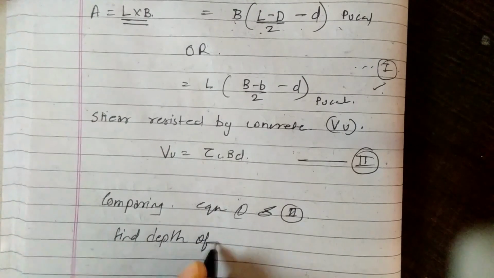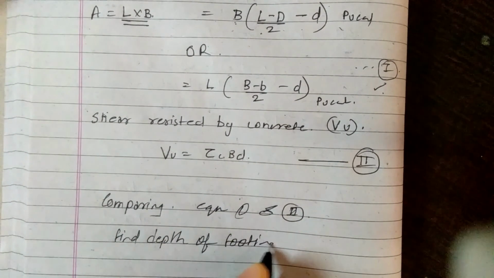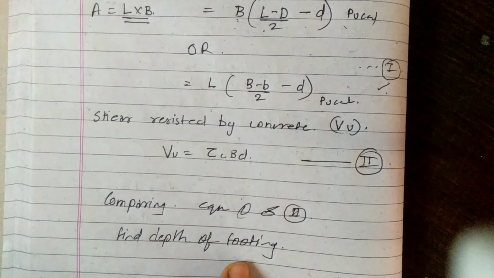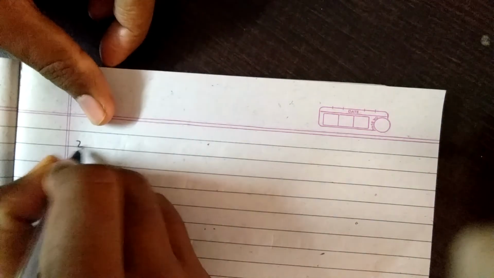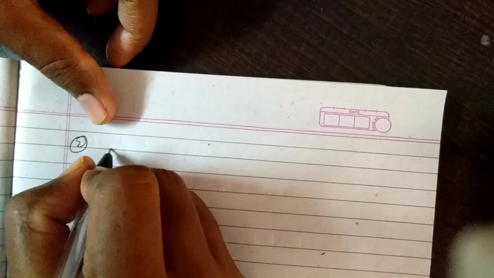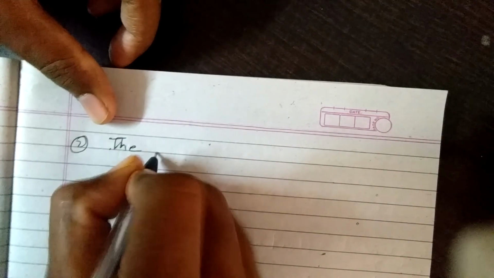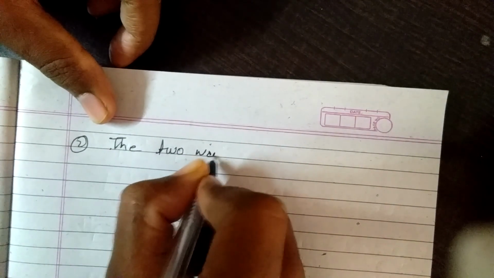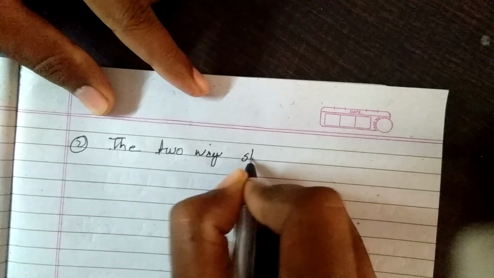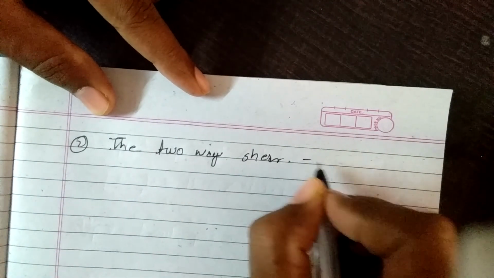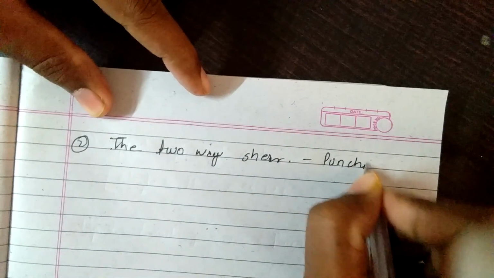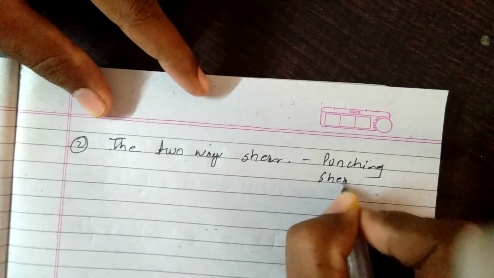and d is the depth of footing. Okay, this was for the one-way shear, and for the two-way shear, second, two-way shear means punching shear.